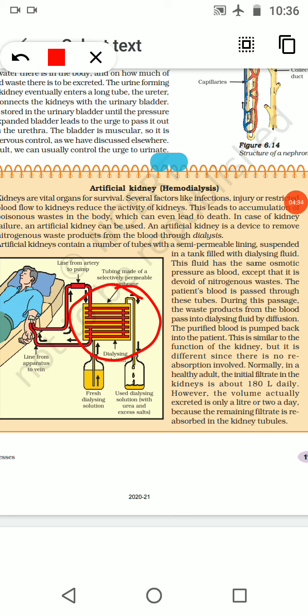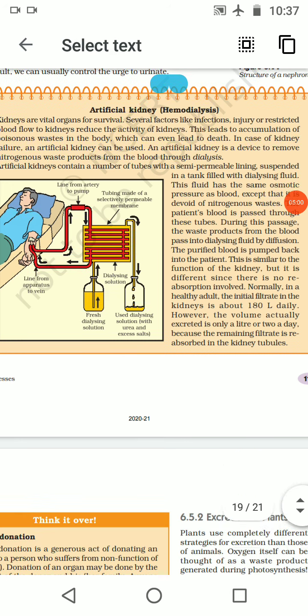Here you see blood is being taken out from the artery and passed through this dialysis chamber, where there is a semi-permeable membrane and a fluid similar to blood but without any nitrogenous waste. It will pass through this and enter the veins of the patient again. This is how dialysis takes place.